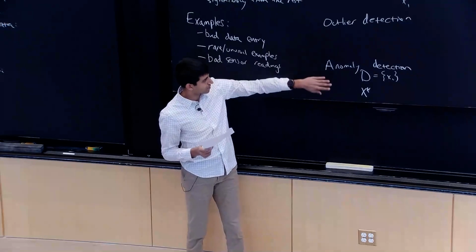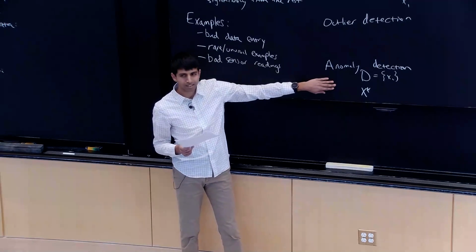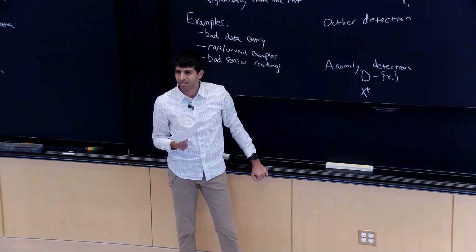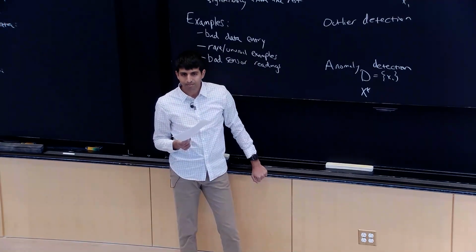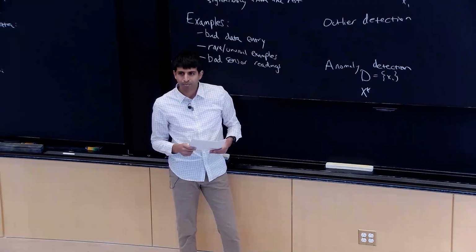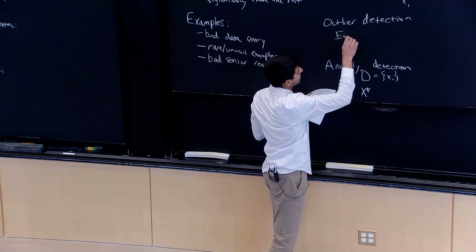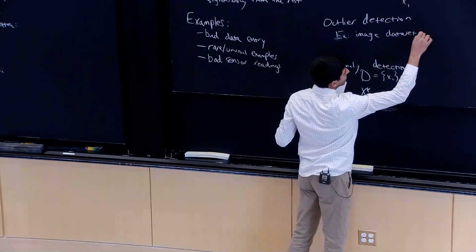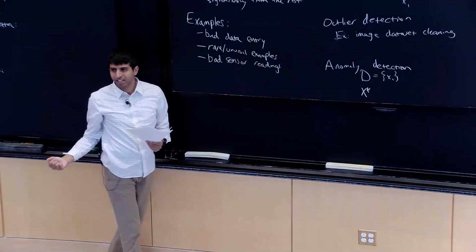To make this difference really concrete, can we come up with a real-world example of a task that involves either outlier detection or anomaly detection? I'll give you one for outlier detection. Suppose I have an image classification data set.